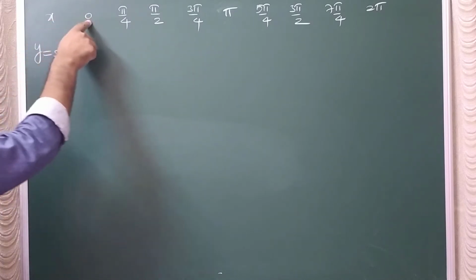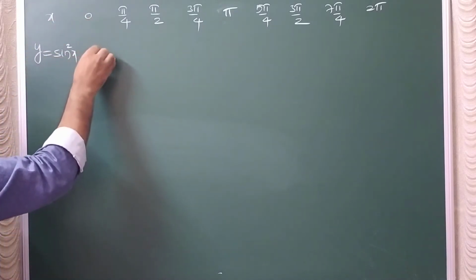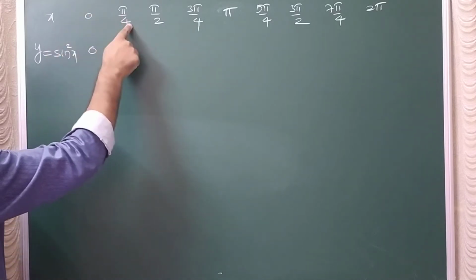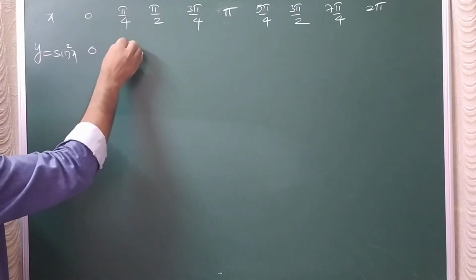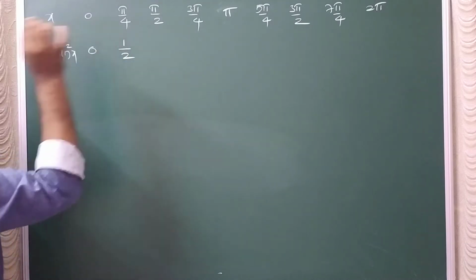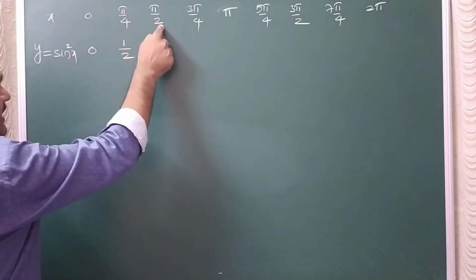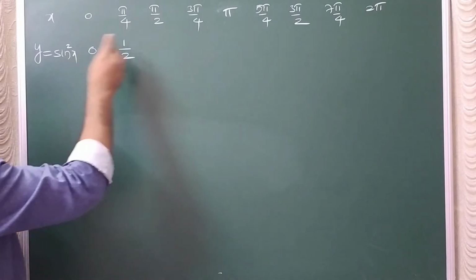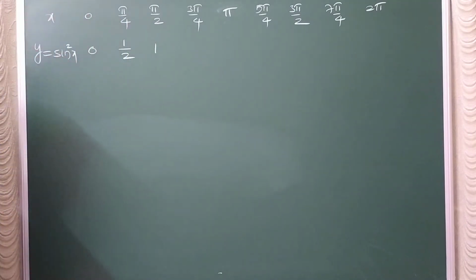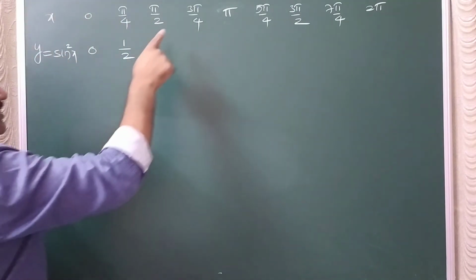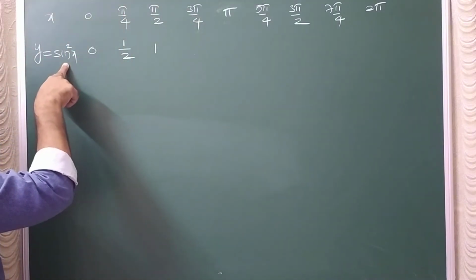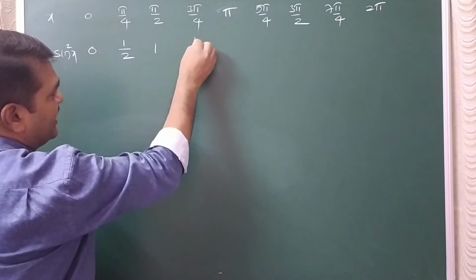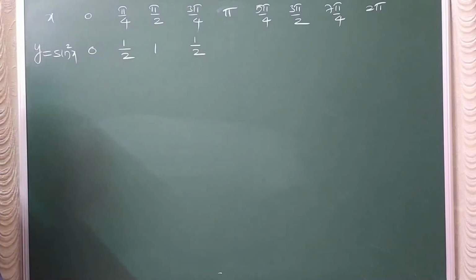When x is 0, sine square 0 is 0 only. When x is pi by 4, sine square pi by 4 means 1 by root 2 whole square. When x is pi by 2, sine square pi by 2 means 1 square. When x is 3 pi by 4, sine square 3 pi by 4 means 1 by root 2 whole square, again you will get 1 by 2 only.